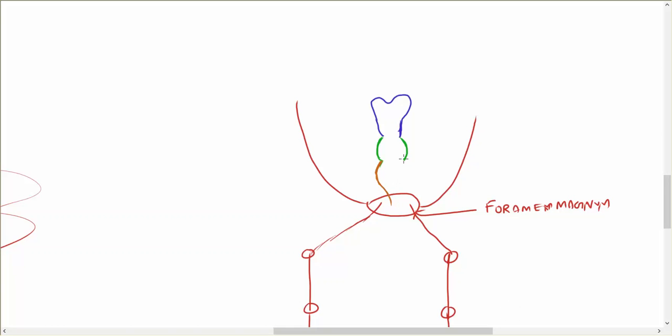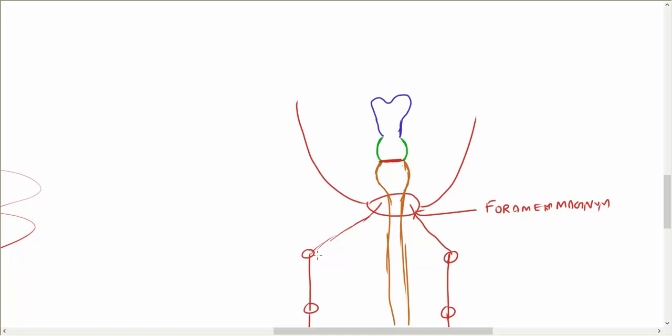From the medulla, the spinal cord comes out of the foramen magnum. In between the pons and medulla, there is a junction which is called the pons medullary junction.